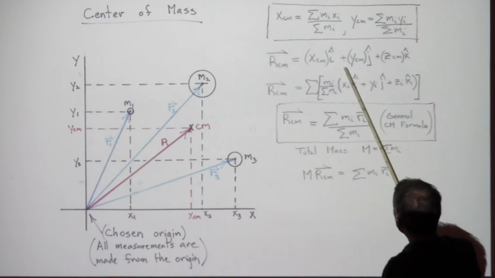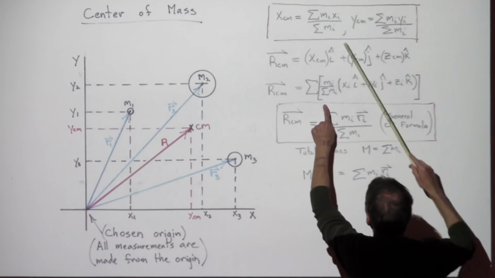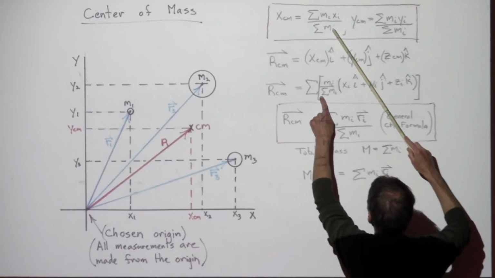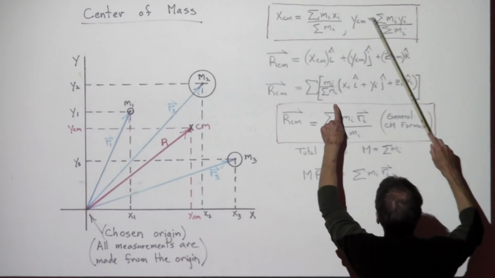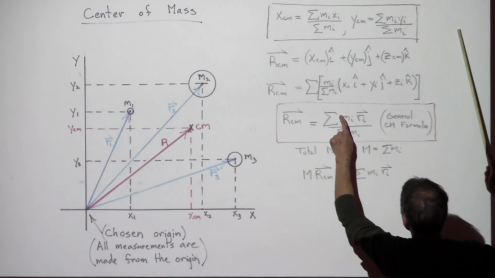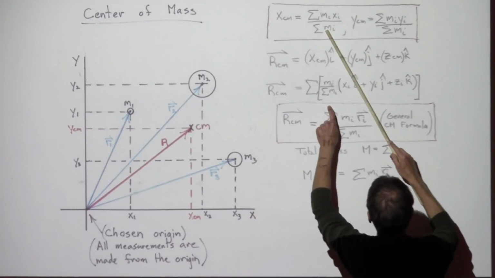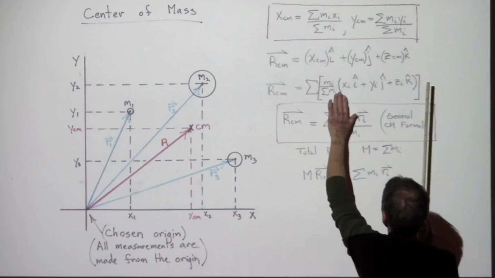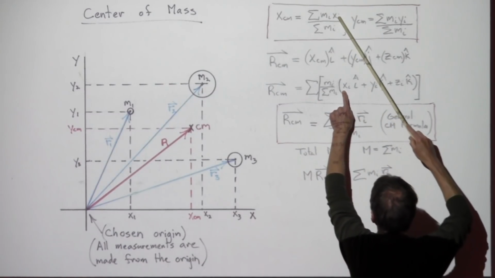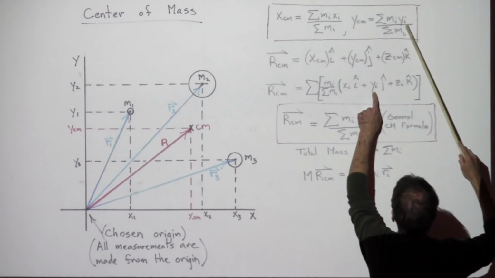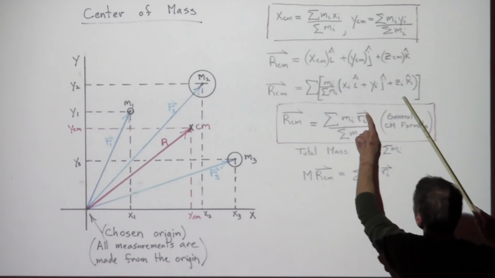Each of these has an m sub i. The m sub i term is in both of these terms as well as the z term. I can take that out, as well as the sum of the total masses. The thing I'm left with is x sub i plus y sub i plus z sub i.